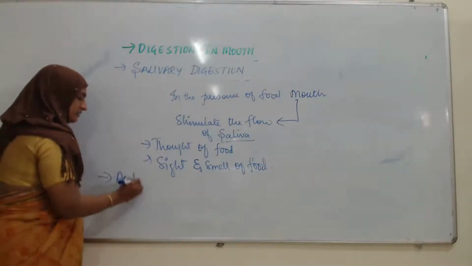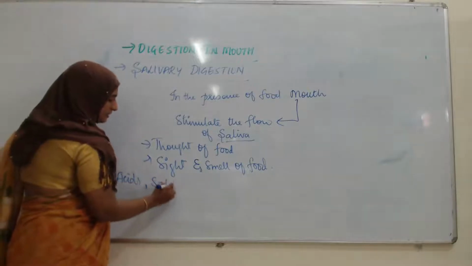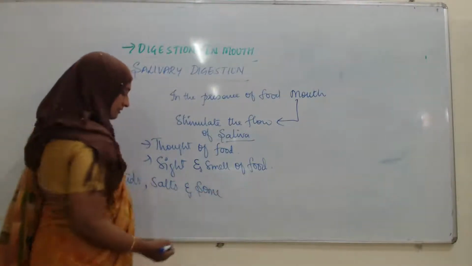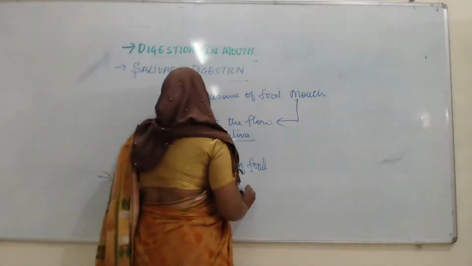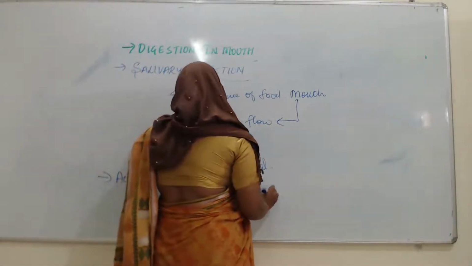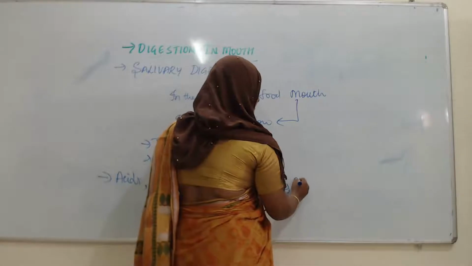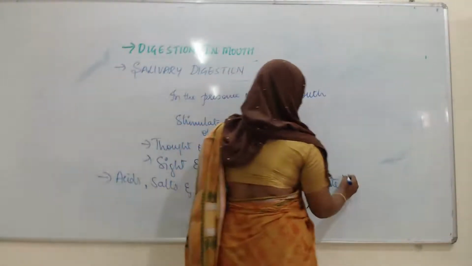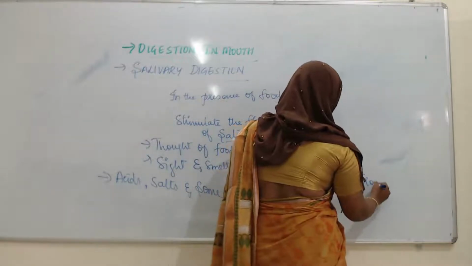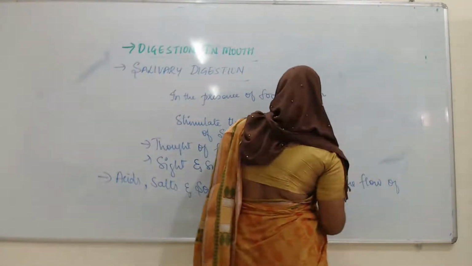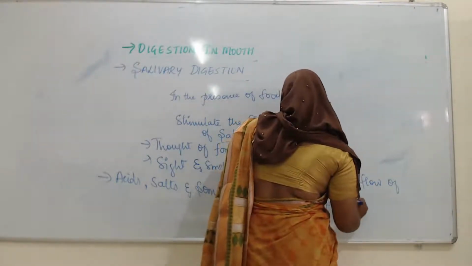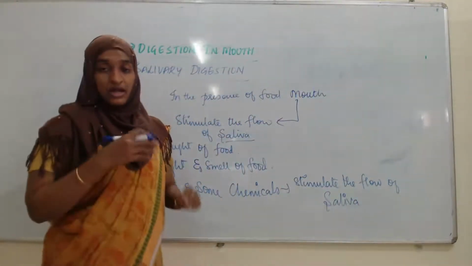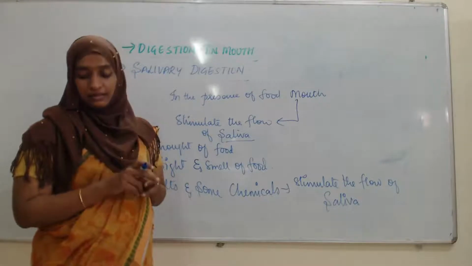Acids, salts, and some chemicals can also stimulate the flow of saliva. So this is about how saliva flows inside the mouth.